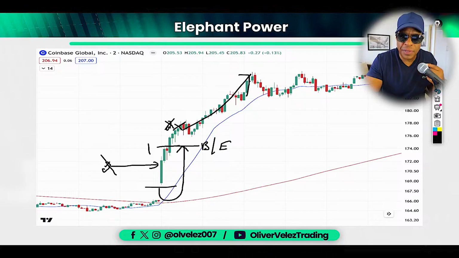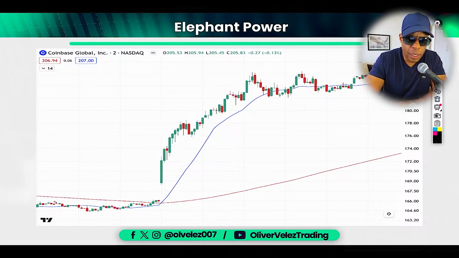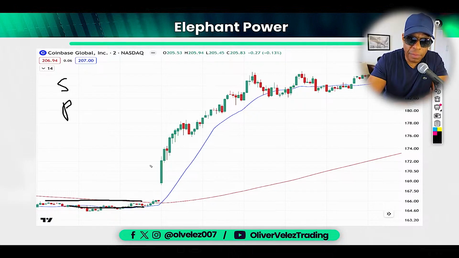So think about the steps. Remember the steps? State. Here's my state, narrow state. Position. I'm in position 1, right above the narrow state. All right. So state is narrow. Position is number 1. Okay. I'm looking for power.